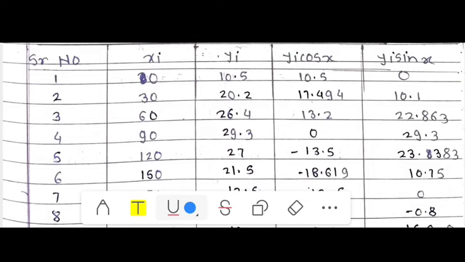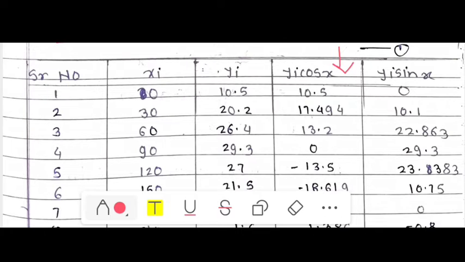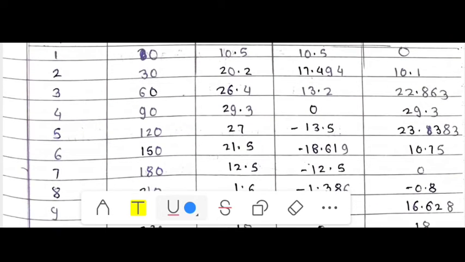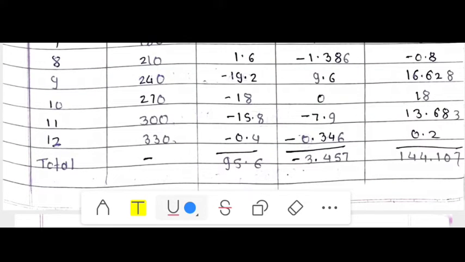We substitute the given values of xi and yi, and using these we find the values of the fourth and fifth columns. Using the scientific calculator, we form this table and find the summation of each column.